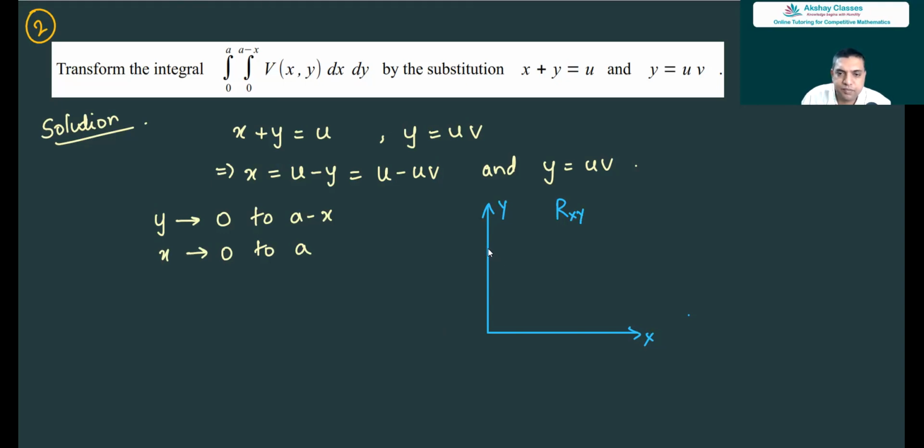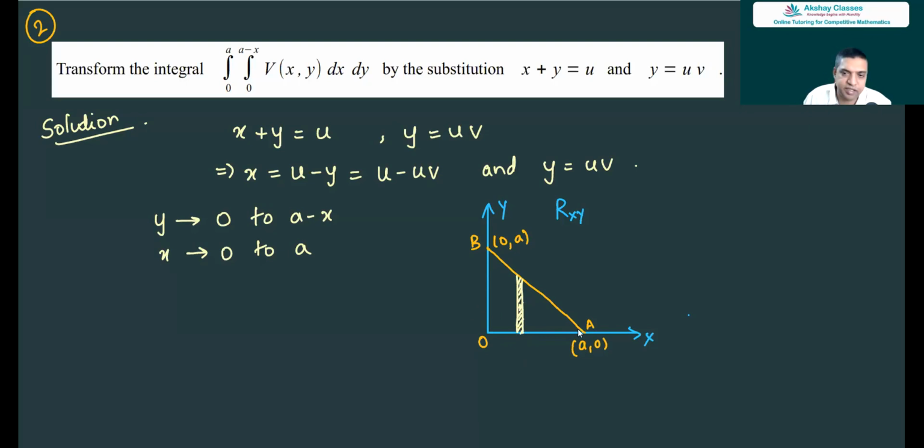So y varies from 0 to a minus x and x varies from 0 to a.